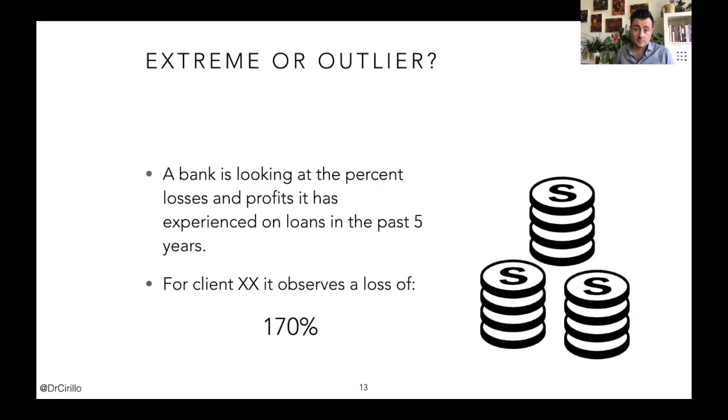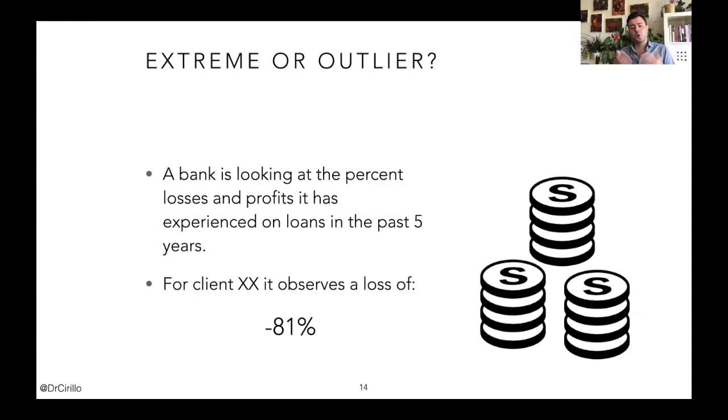Yet, it can be 101%, 102%, but 170% is for sure something that we can somehow safely say it is not possible. So it can be categorized as an outlier.